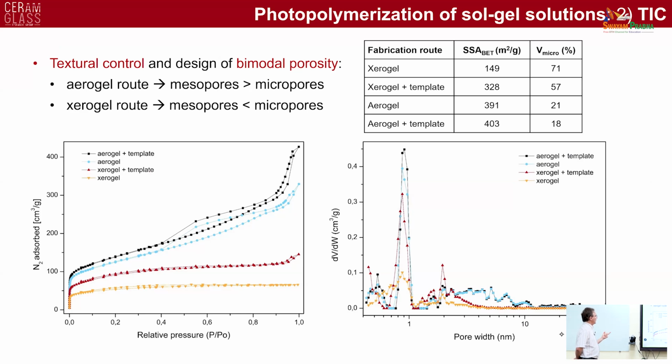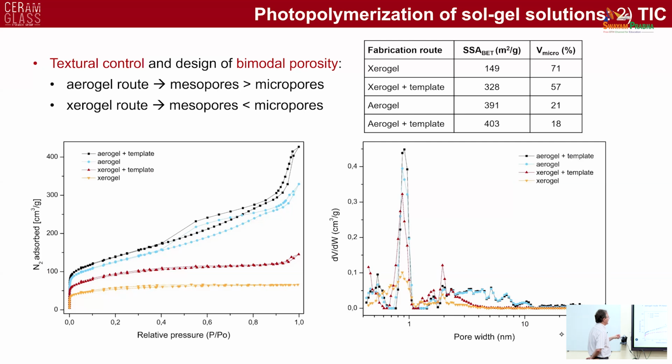If you do the templating or you do aerogel, you obtain almost a threefold increase in the amount of specific surface area. And if you combine the two, you get an even higher amount of specific surface area.